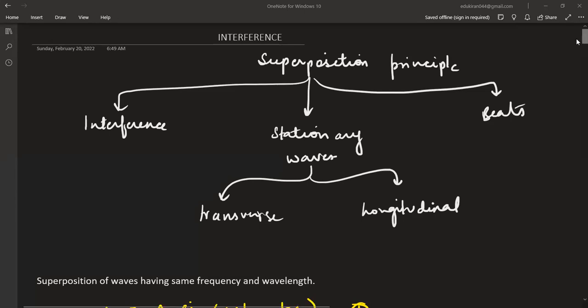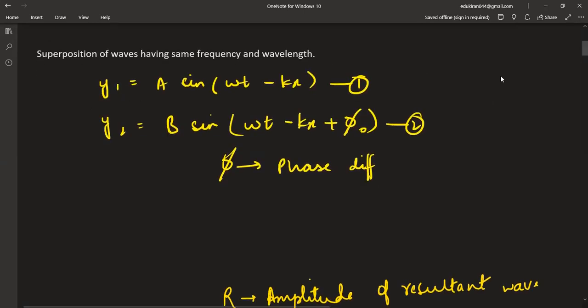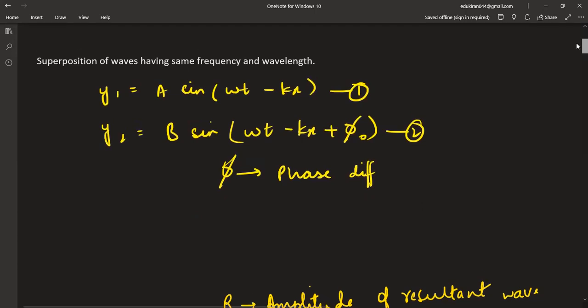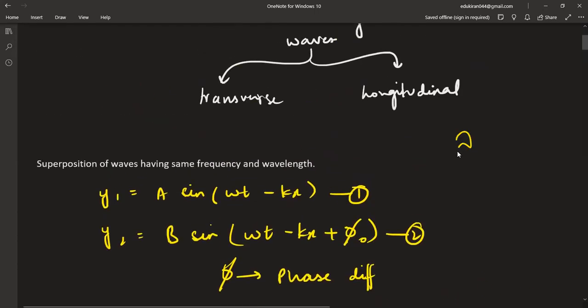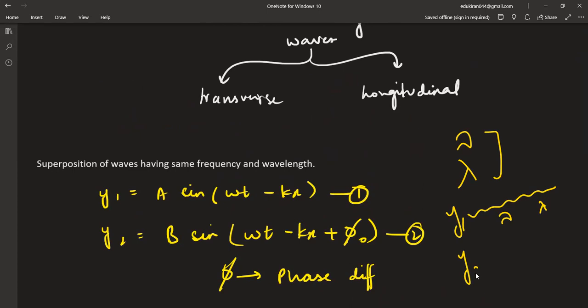Okay, class, starting with interference. Interference is basically superposition of waves, but the condition is that their frequency and wavelength, both these things, should be the same. If this is one wave y1, with its frequency and wavelength, and there is one more wave y2, with its frequency and wavelength, they should match each other.